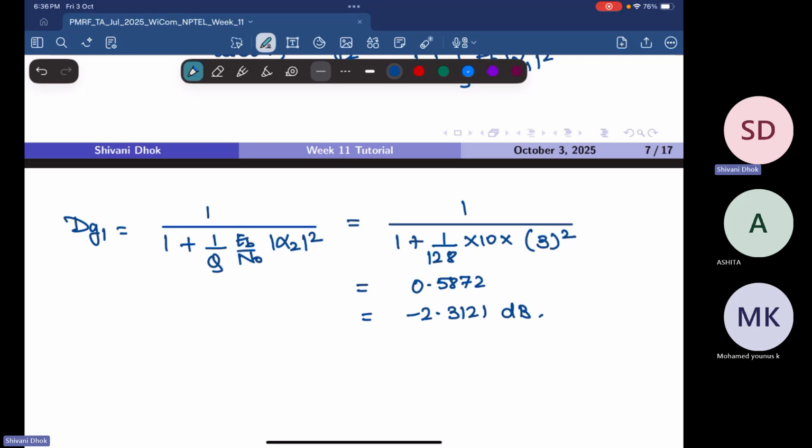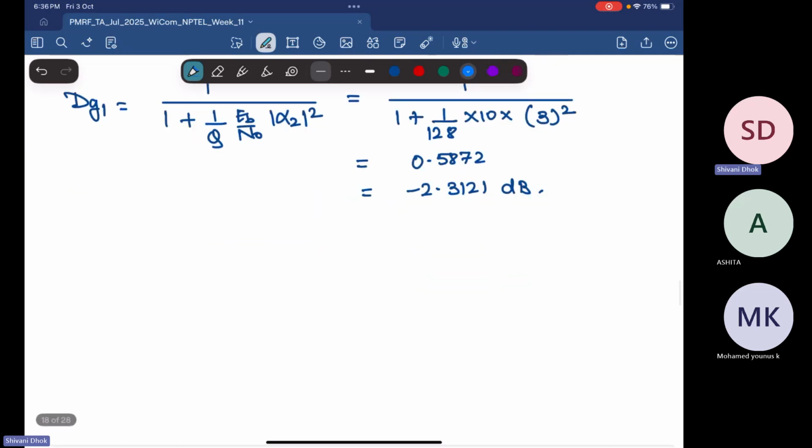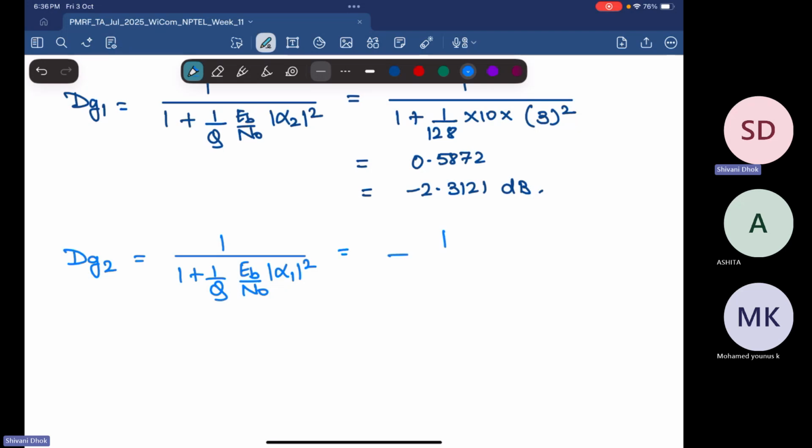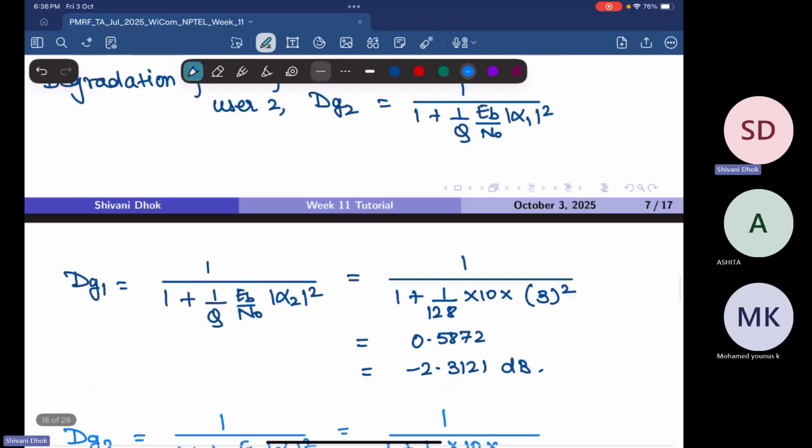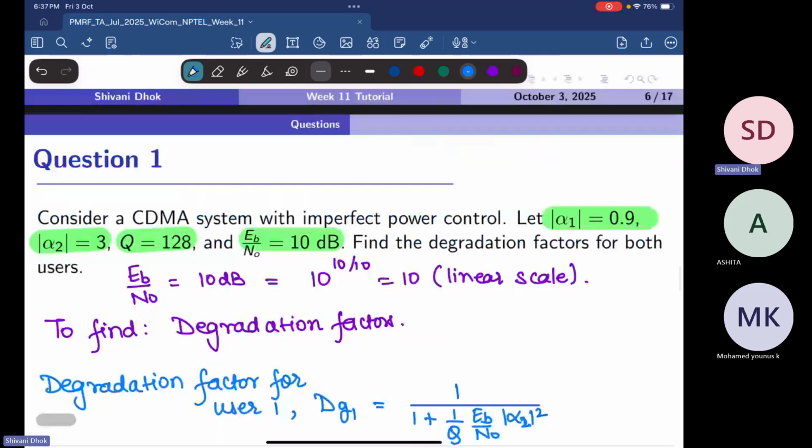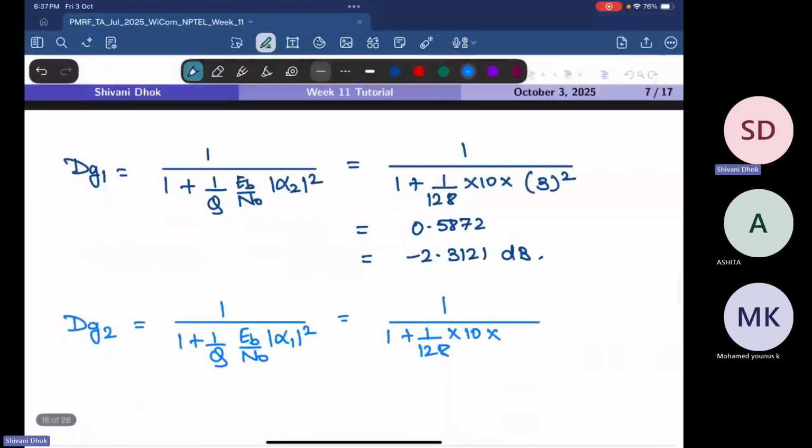Now similarly for user 2, the degradation factor is given by 1 over 1 plus 1 by Q into EB by N naught, magnitude of alpha 1 square. This comes out to be 1 upon 1 plus 1 over 128 into EB by N naught, which is again the same 10, but now we plug in the value of alpha 1, that is 0.9.